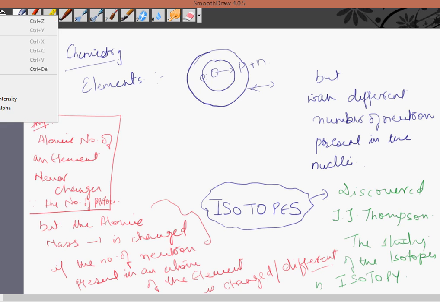So in conclusion, if I define the isotope, what will I get as the definition?